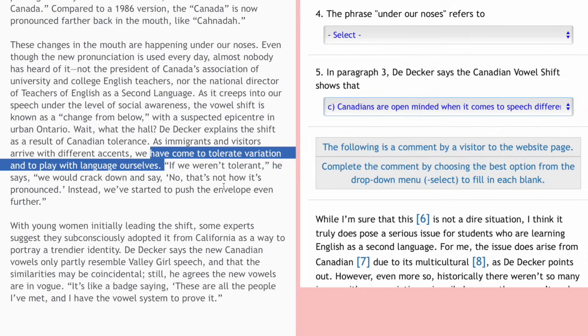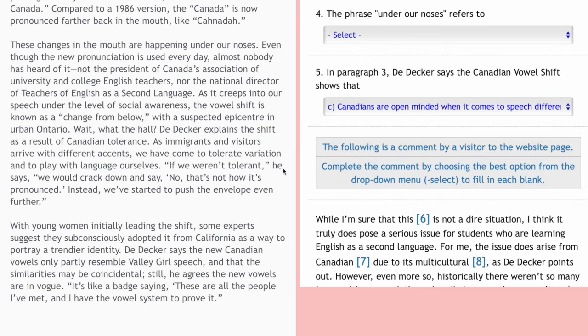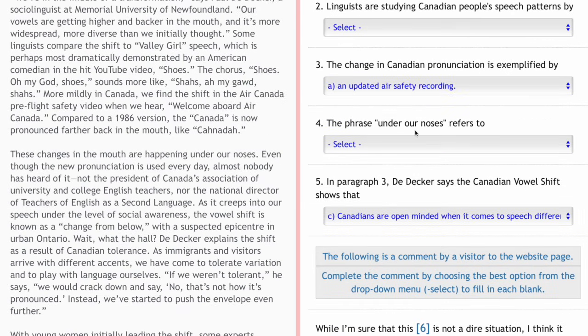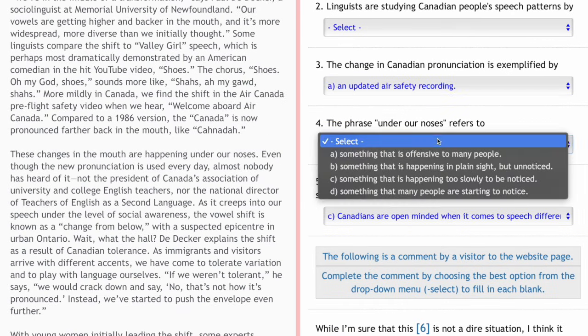Very interesting. Okay. And what about number 4, the term under our noses? Something that is offensive to many people, something that is happening in plain sight but unnoticed, something that is happening too slowly to be noticed, something that many people are starting to notice. Well, it's right over here, right? These changes in the mouth are happening under our noses.